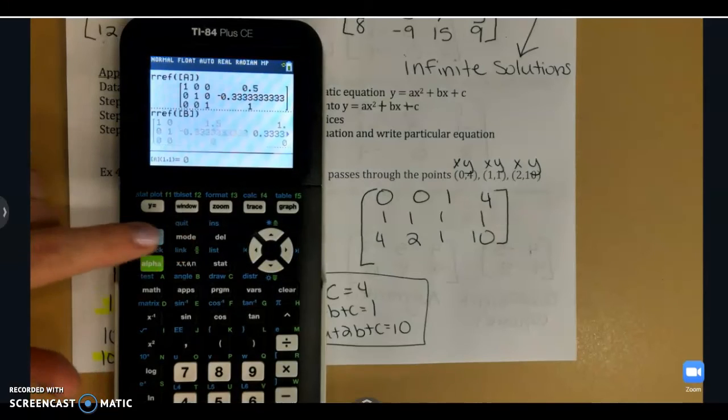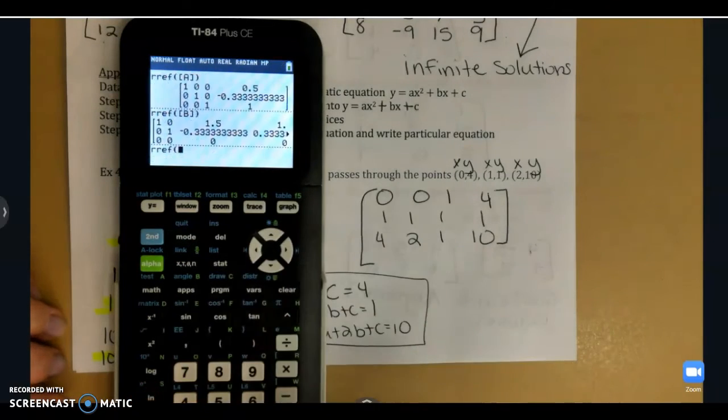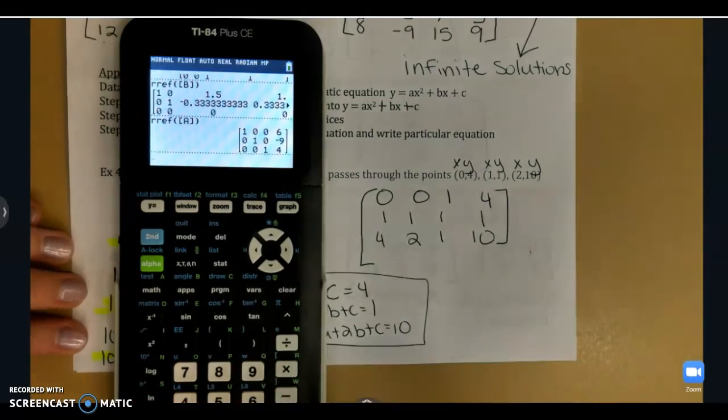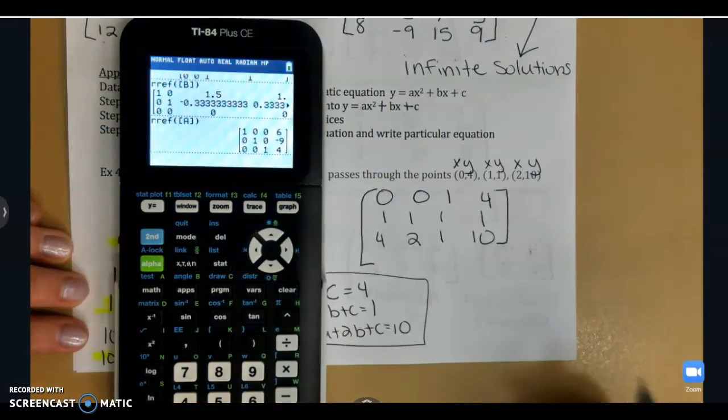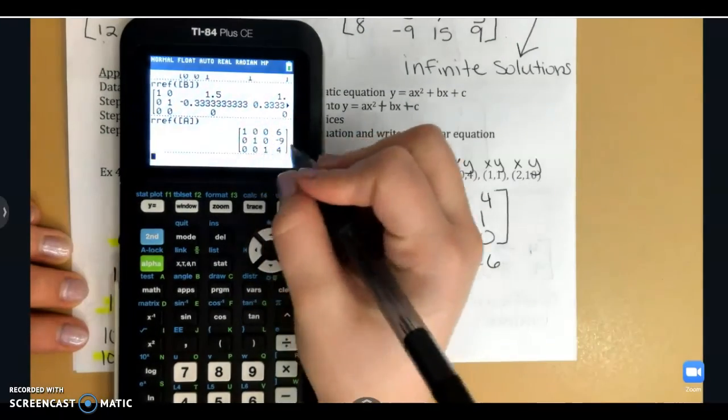Here it is on our matrix calculator, so we go to the Math tab, RREF, I put this back in matrix A, and I'm told, again, we had our A's in the first column, so that means that A is 6. We had our B's in the second column, so B is negative 9, and C is 4.